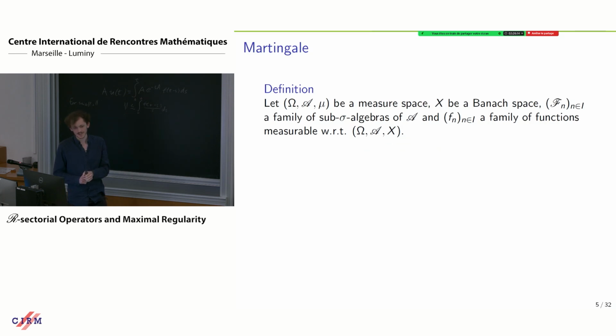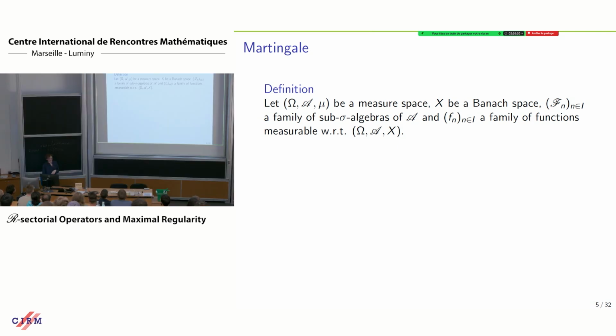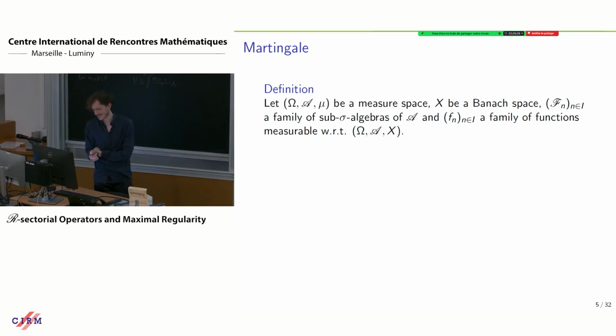First, we'll talk about martingales, which might seem a bit random at the moment. But it is, in fact, the M in UMD. So we take a measure space, and we consider X a Banach space, and a family of sub-sigma algebras of A. And then we consider some functions, measurable with respect to the measure space.